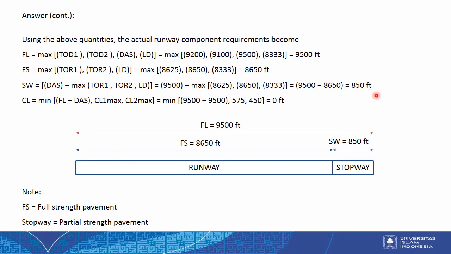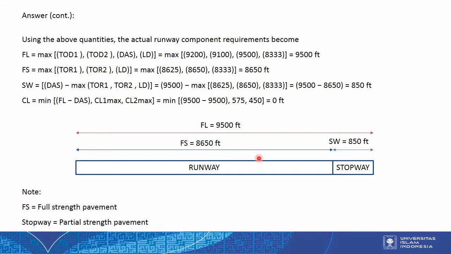As for the clearway, it is the minimum number from FL minus DAS, CL1 maximum or CL2 maximum. So we look for the minimum number from here, and we get 0 feet for the clearway.